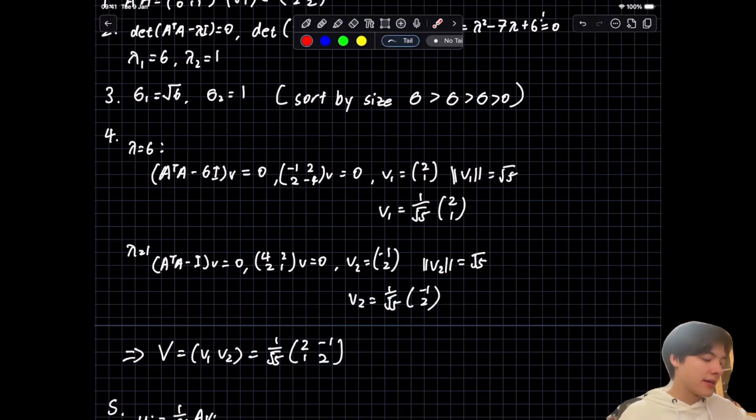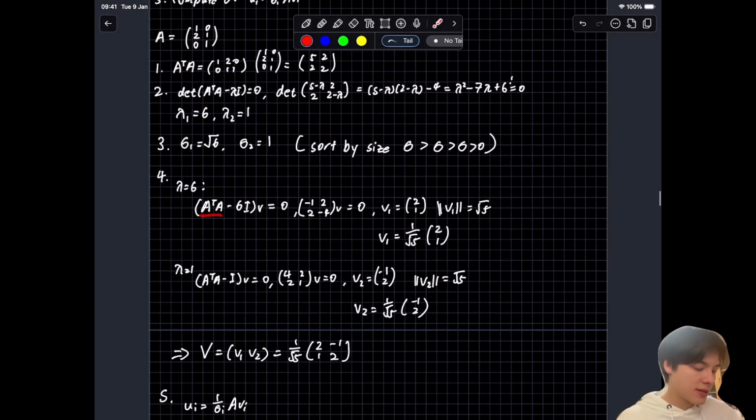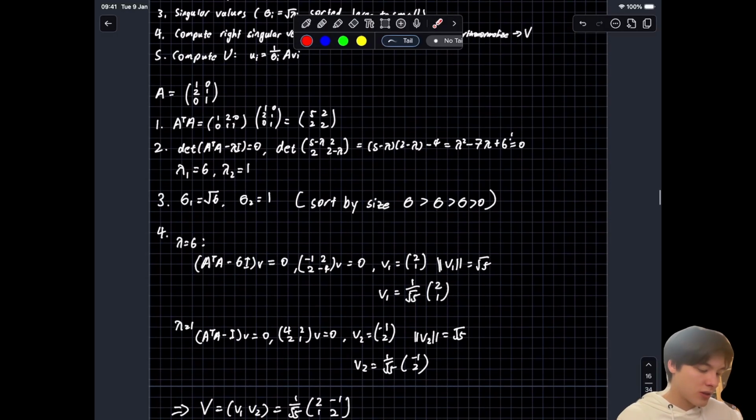Now let's find, for the eigenvalue 6, what is the eigenvector of it? So we do A^T A minus 6 identity, so here 5 minus 6, 2 minus 6, and set it equal to 0. So when is this true? It's when v1 is (2, 1). What does this mean? 2 times negative 1 equals 2, right?